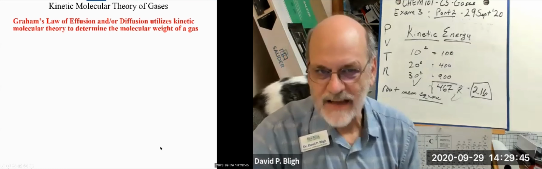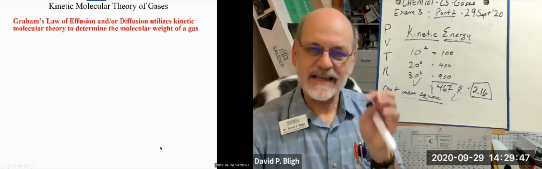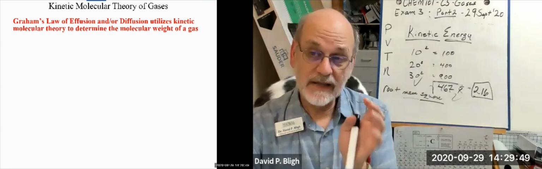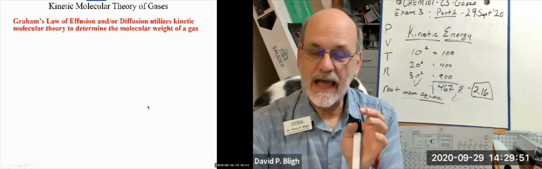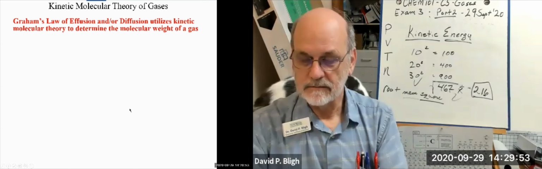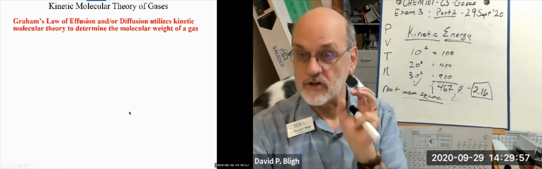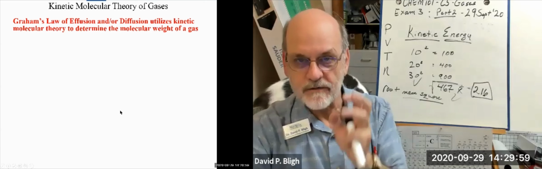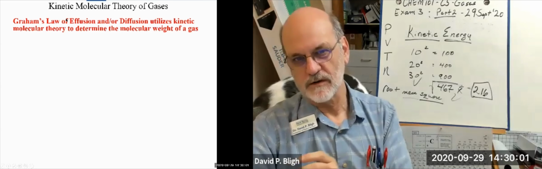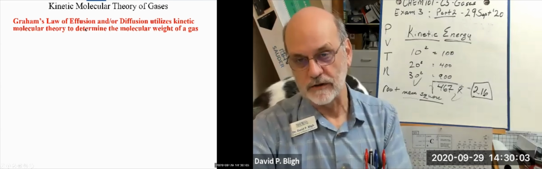Now, here's the last one. We're going to take that relationship of molecular weight and derive, well, we won't actually derive it, but that's the origin of Graham's Law of Effusion, or it's often called Graham's Law of Diffusion.